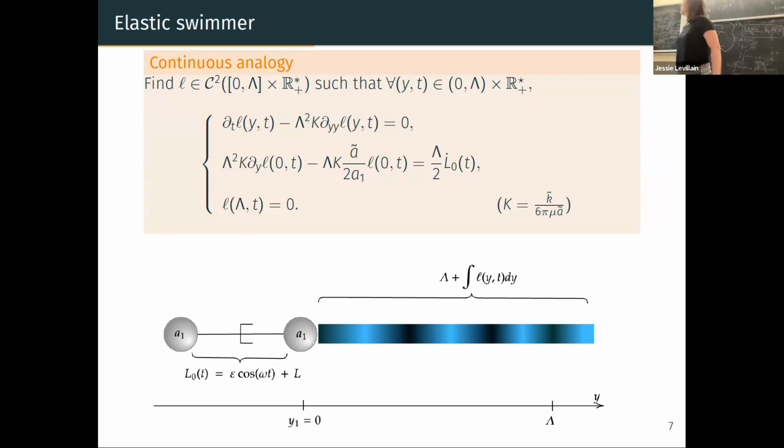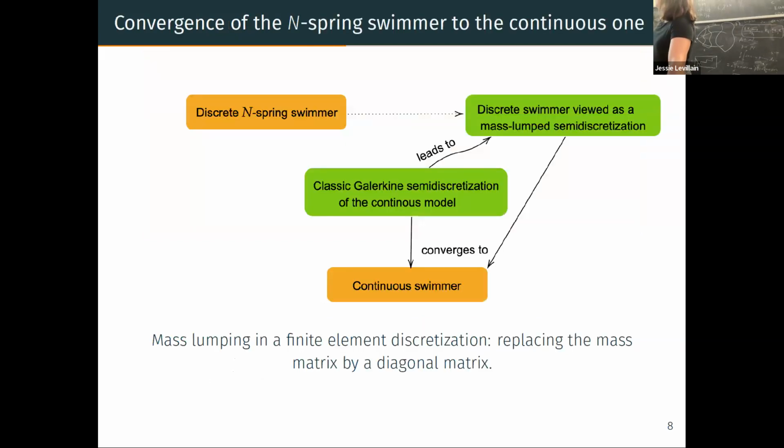The question now is, does this model actually make sense? It makes sense on its own, but is it actually really a limit of the previous one? Does the previous one converge to this one? Can we actually prove it without just doing the formal limits? And the answer is yes.